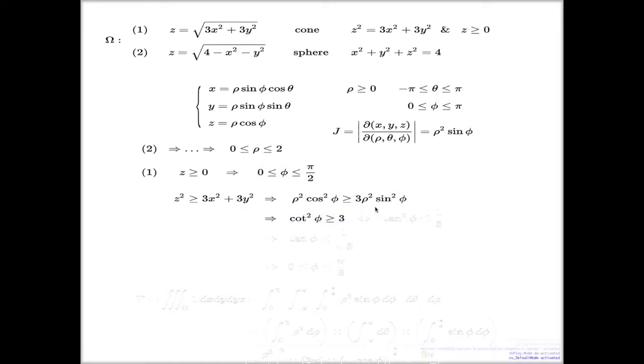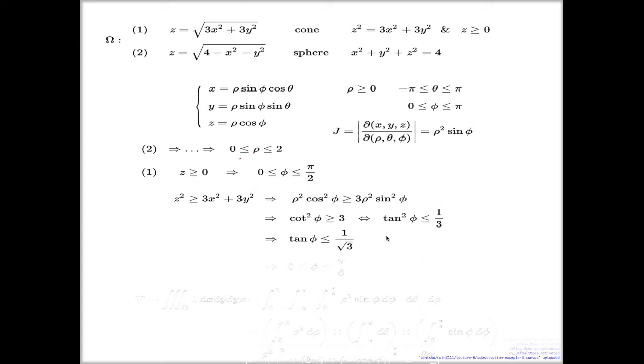Well, you can cancel out and divide by sine squared, which will deliver cotangent larger than 3, or I prefer to do it in terms of tangent. Tangent doesn't exceed 1 on 3. And that solves to this. Again, we disregard the negative values for the cotangent because we already know this narrower region for the phi angle.